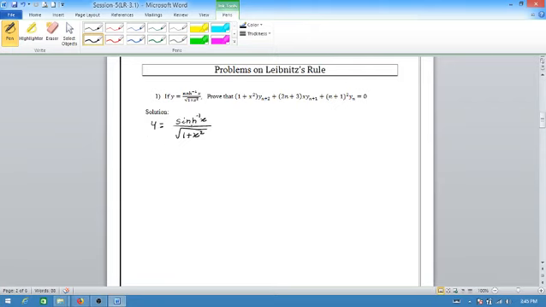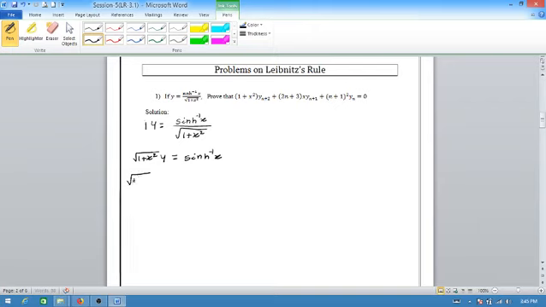Here, instead of applying the u by v formula, I will cross multiply it and apply the product rule. So therefore, root of 1 plus x square into y is equal to sine hyperbolic inverse x. Now apply the product rule, differentiating with respect to x.